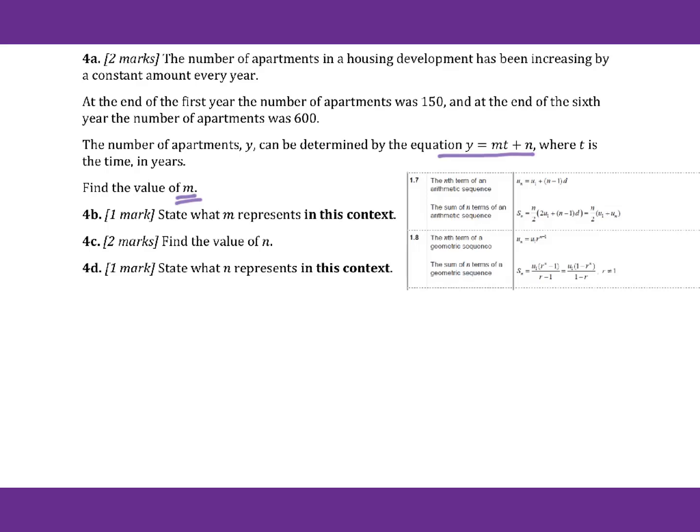According to this given information, the number of apartments has been increasing by a constant amount every year, which means this is an arithmetic sequence because it's increasing by a constant amount. So you will get u sub 1 equals 150, while u sub 6 equals 600.